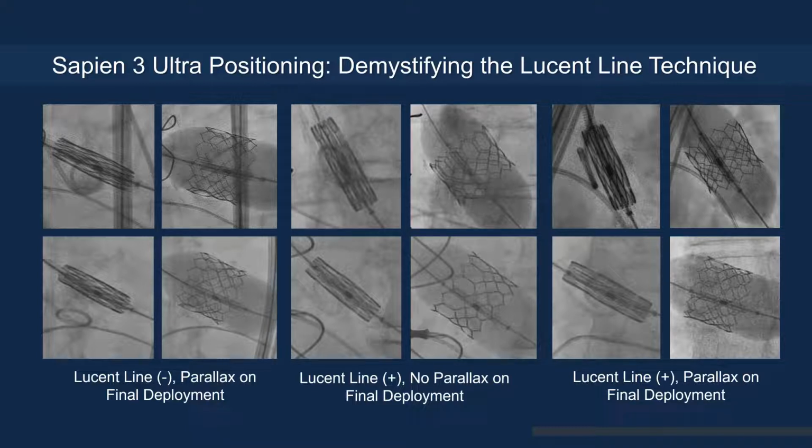So in this case, you have to be considering other factors, that you might still end up more aortic than you think, because even though you have the Lucent line trying to go more aortic already, that parallax would mean that your valve is canted relative to the native annulus, because here you're still at the 3 cusp coplanar view. And so your valve is going to be a little bit offset with one side more aortic than the other.